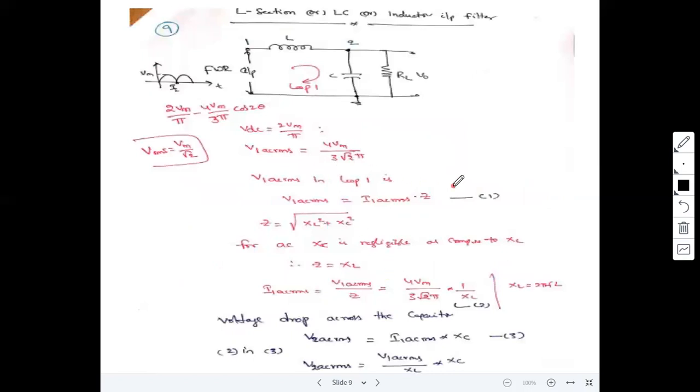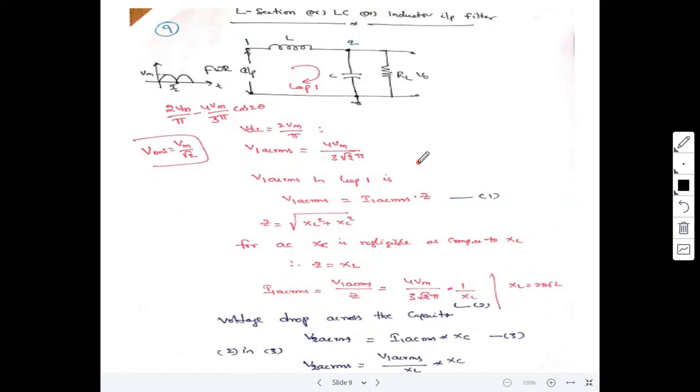Now consider another filter, the L section filter, also called LC filter or inductor input filter. In previous filter circuits, we used either an inductor or a capacitor.